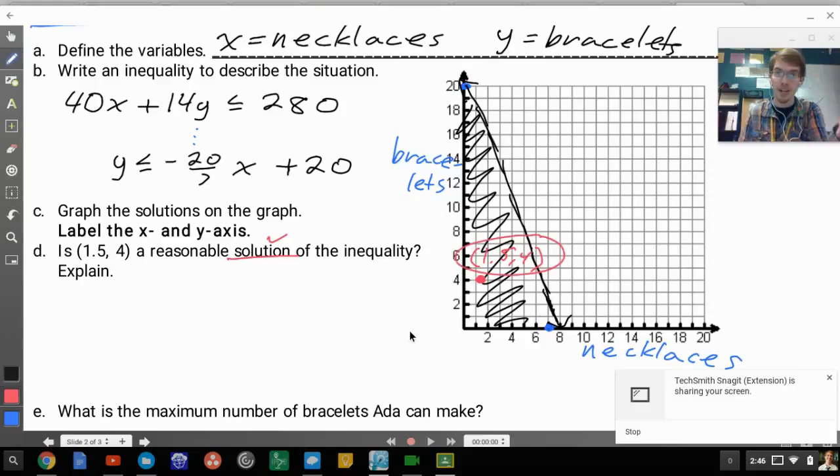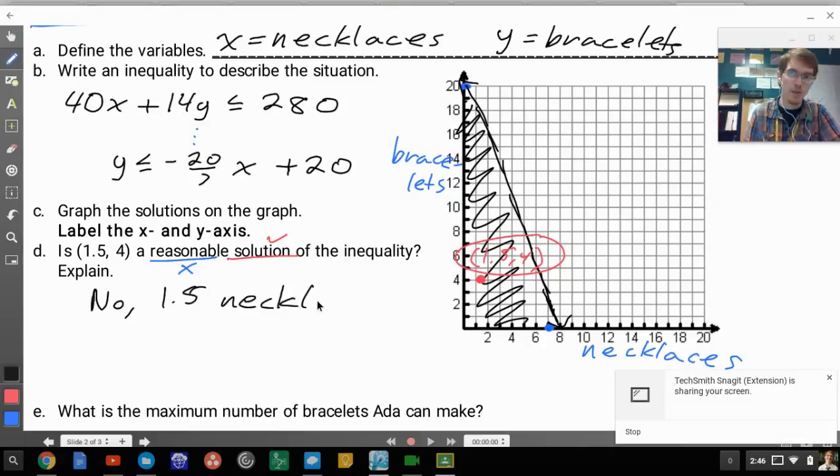Can you make or sell 1.5 necklaces? No. It is not a reasonable solution. So I'll say no, 1.5 necklaces is not reasonable.